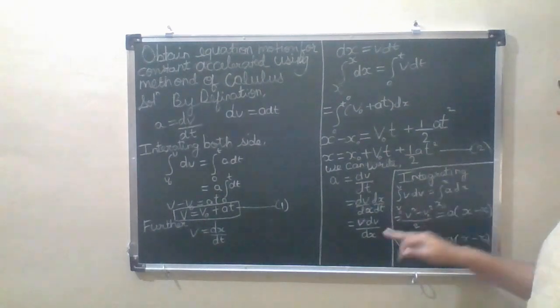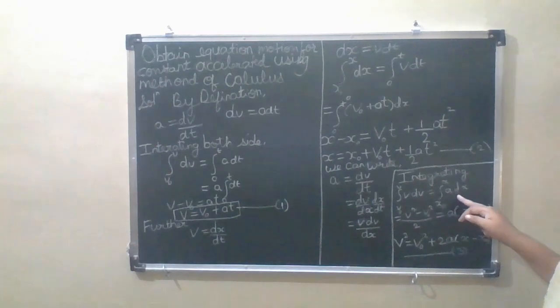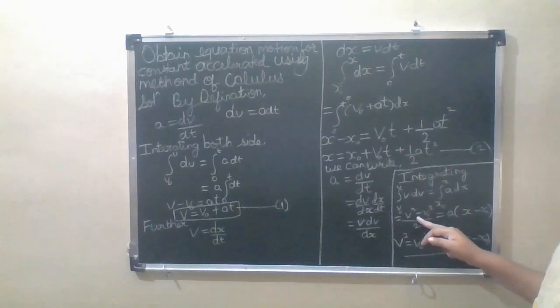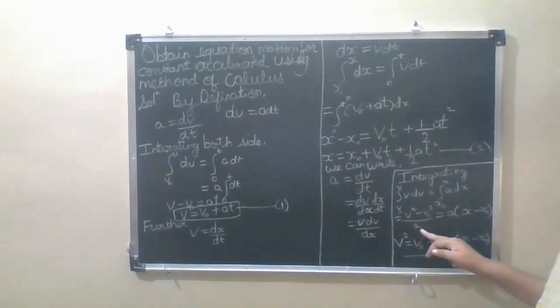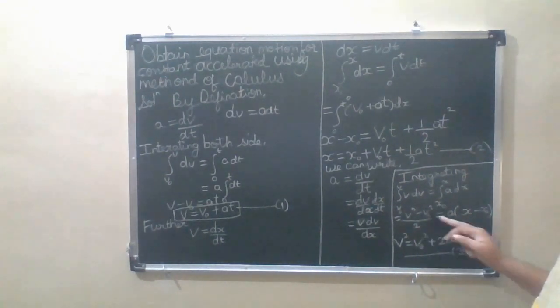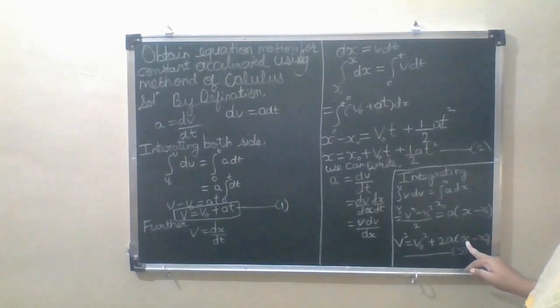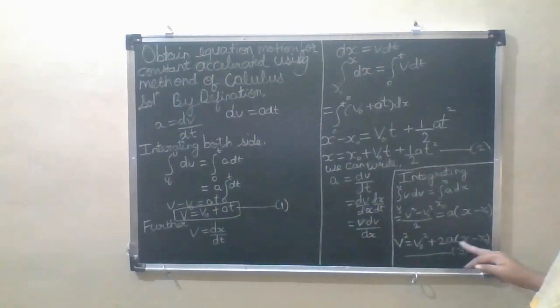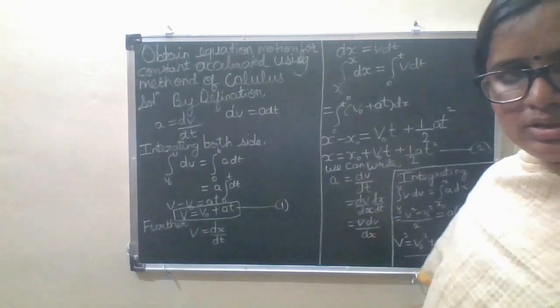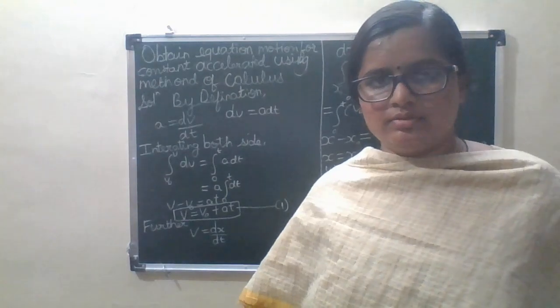Integrating from v0 to v and x0 to x, v square minus v0 square upon 2 is equal to a into x minus x0. For x we can sometimes take s also. So this is the third equation of motion by integral calculus.